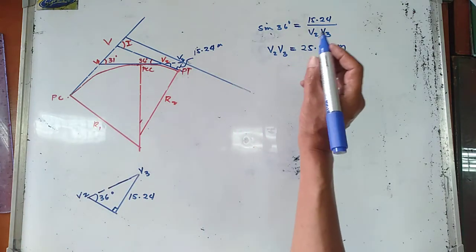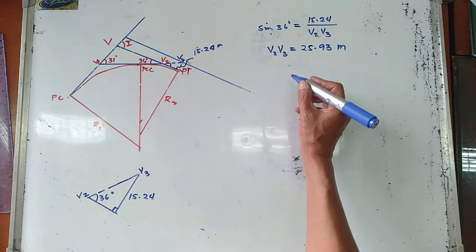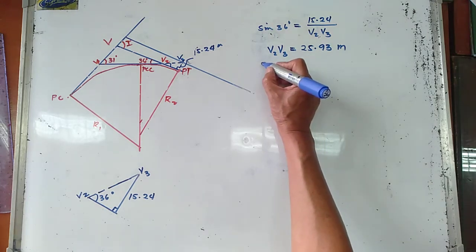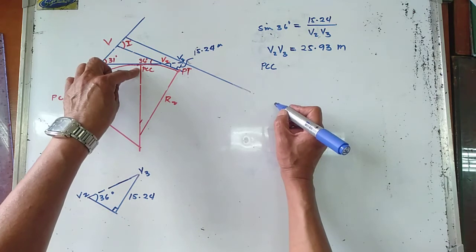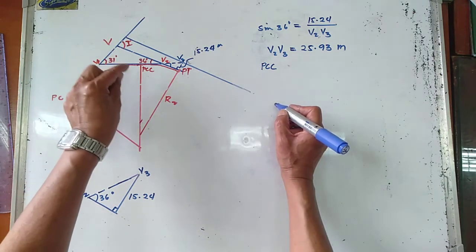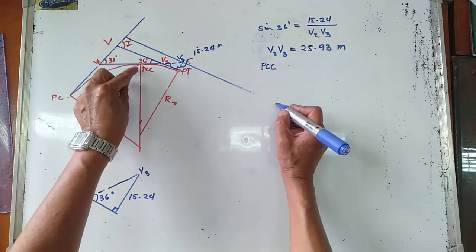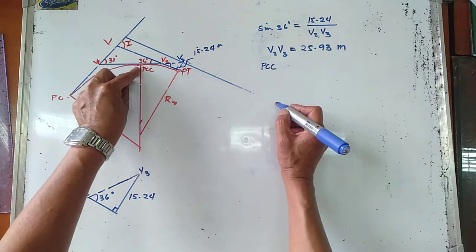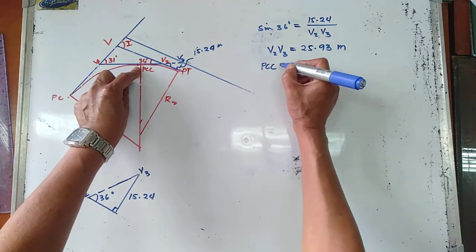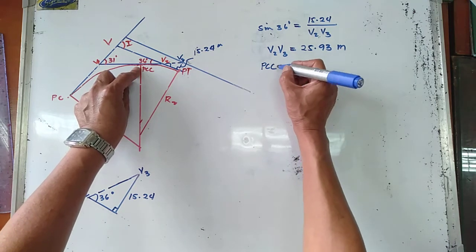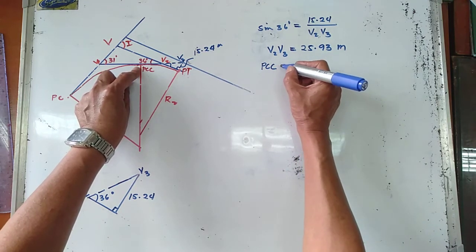So, if you're now going to get the tangent distance of the new curve, the distance from the original PCC, since PCC remains on the same point, so the tangent distance of the new circular curve, that is PCC to V3.